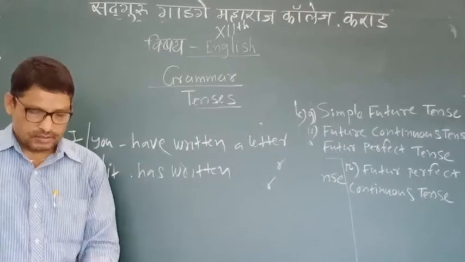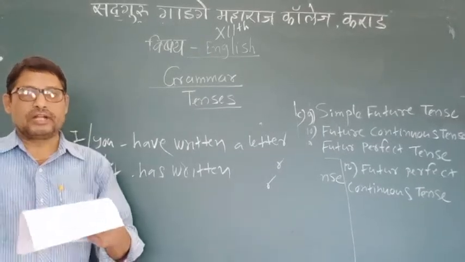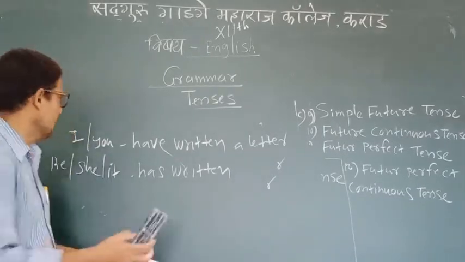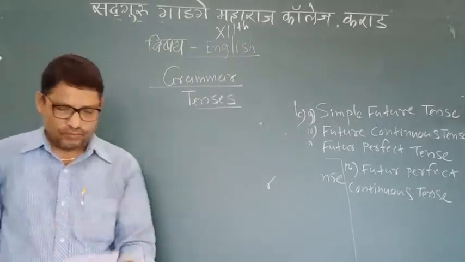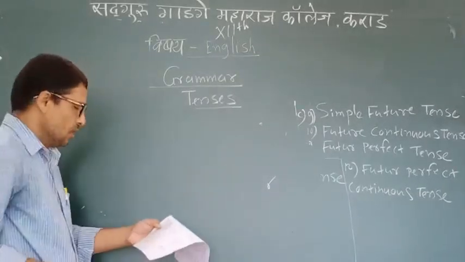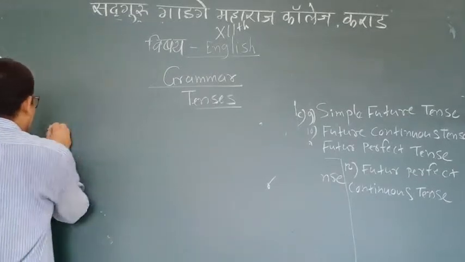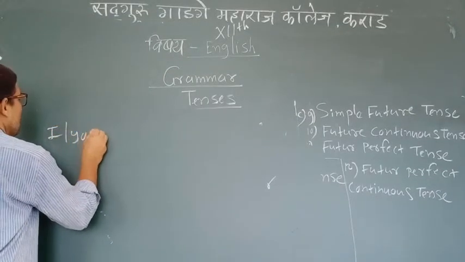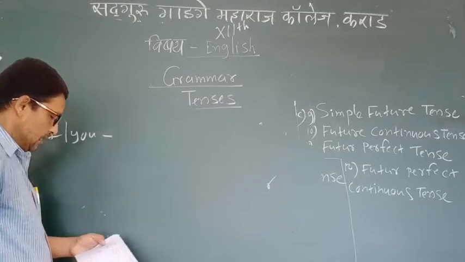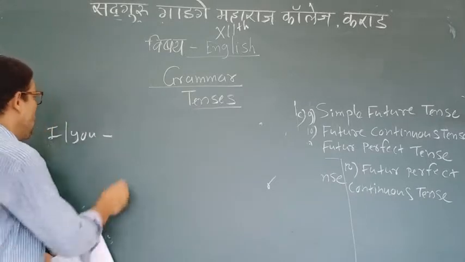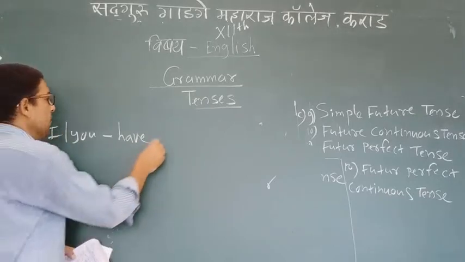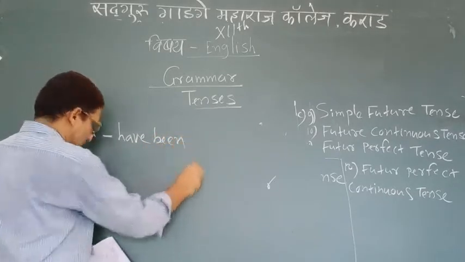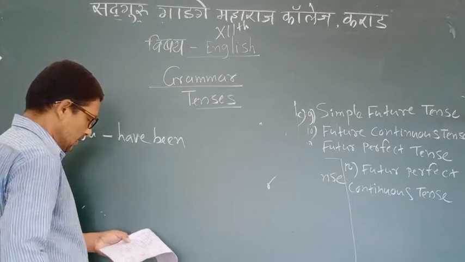Then next, present perfect continuous. How can we write a sentence on this tense? If you use I and you as the subject, then you have to use have plus been. Have been writing.